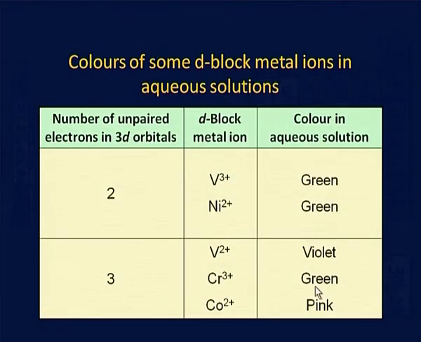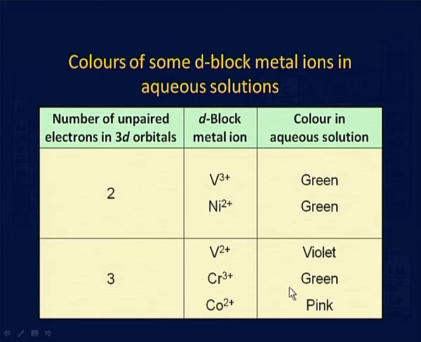Let us go ahead. Take an example of either vanadium 3 plus or nickel 2 plus ion, in which we have two unpaired electrons, giving a green color to these cations. If we have chromium 3 plus or cobalt 2 plus, then we have three unpaired electrons, resulting in violet, green or pink color.